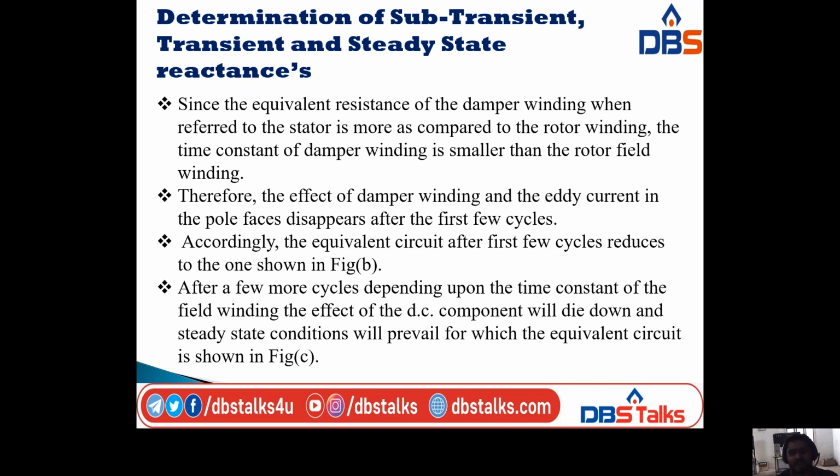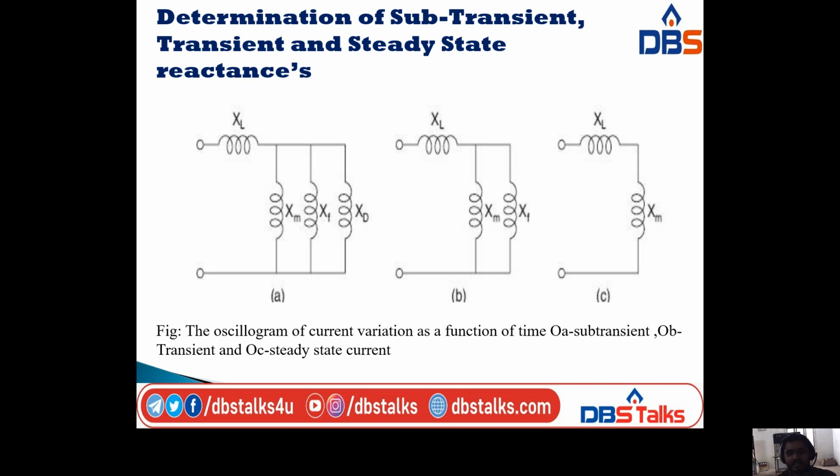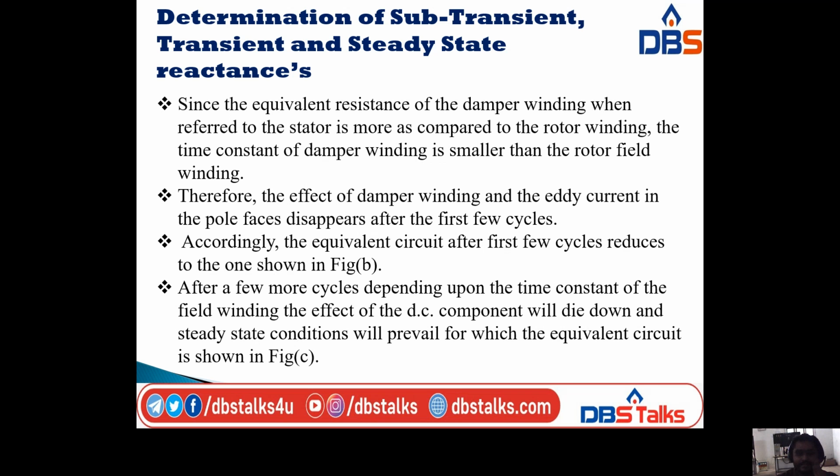Based on this, the effects of the DC component will die down and steady state conditions will prevail, for which the equivalent circuit is shown in the third diagram. In this one we have only the stator winding, and the effect of the damper winding and rotor winding is neglected.